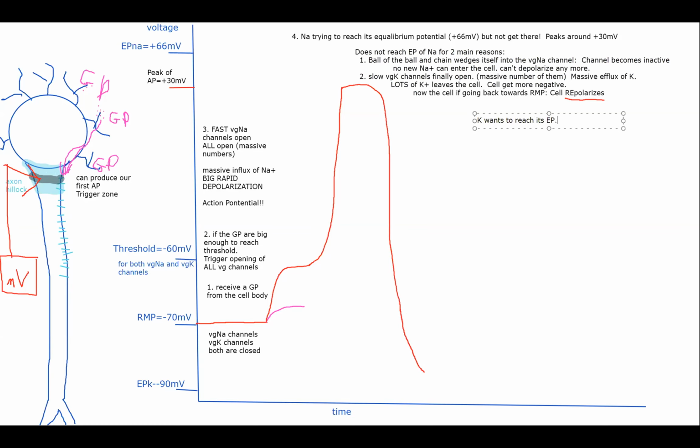So not only does it repolarize the cell, but it actually takes it beyond. It hyperpolarizes the cell as well.